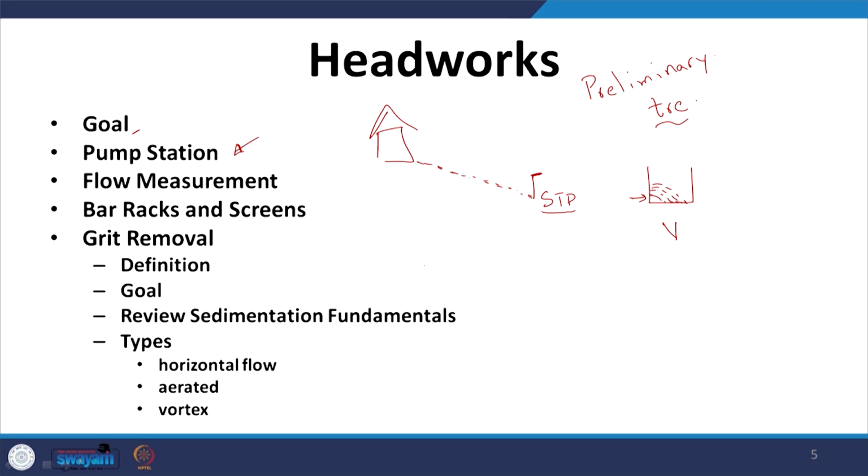Another aspect which we are not going to discuss in detail is that, for example, the STP is already out here, and some homes are here, some homes are here. This is where holistic planning with respect to sewage treatment comes into play.